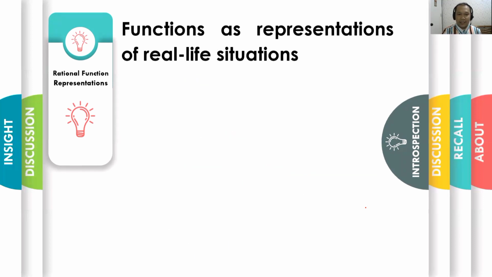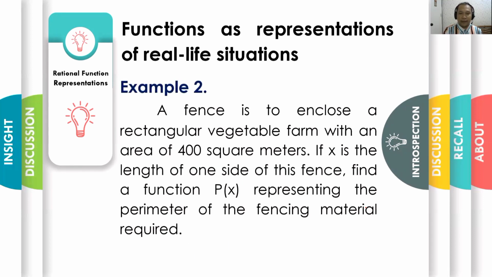Okay, next, scenario number 2 or example number 2. A fence is to enclose a rectangular vegetable farm with an area of 400 square meters. If x is the length of one side of this fence, find a function p of x representing the perimeter of the fencing material required.